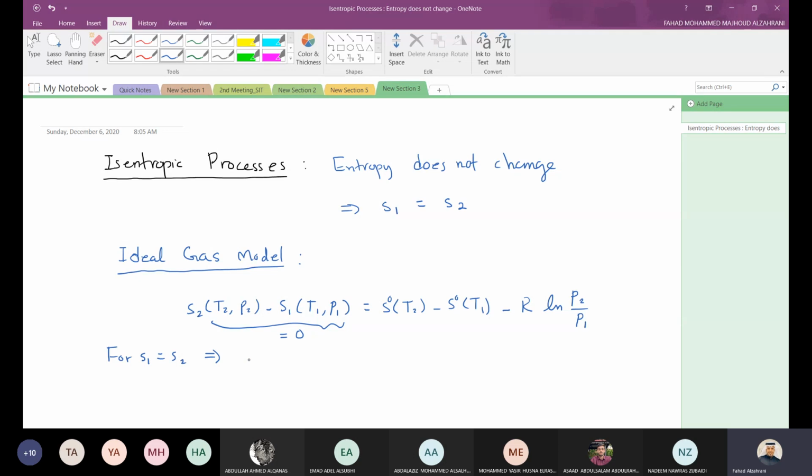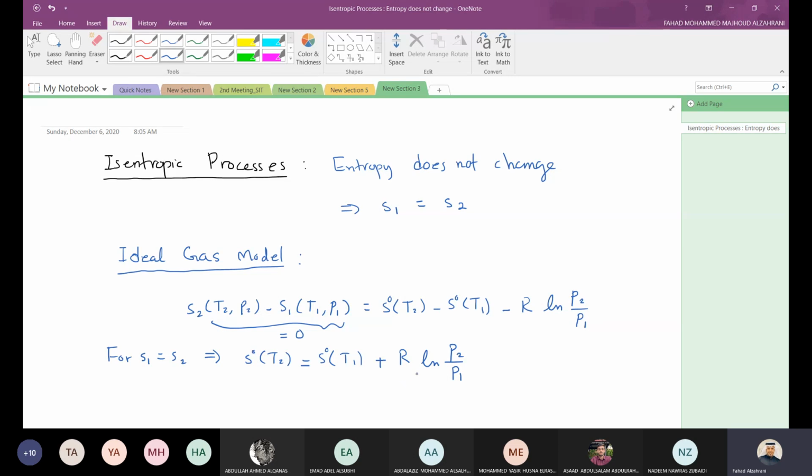Then we can have S naught at T2 minus S naught at T1 equals R ln P2 over P1.